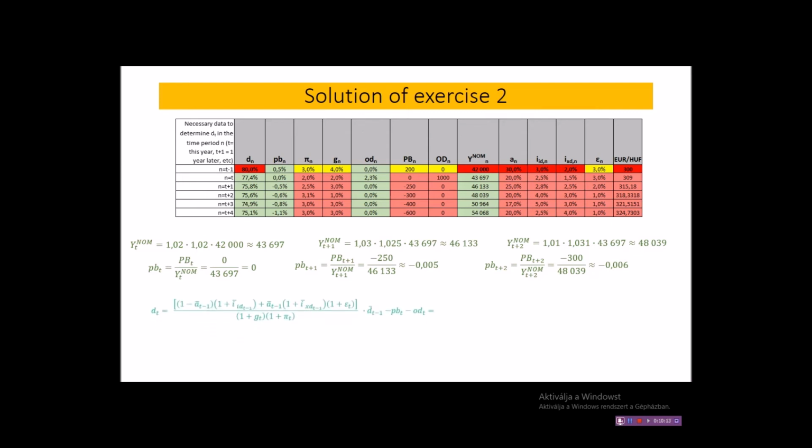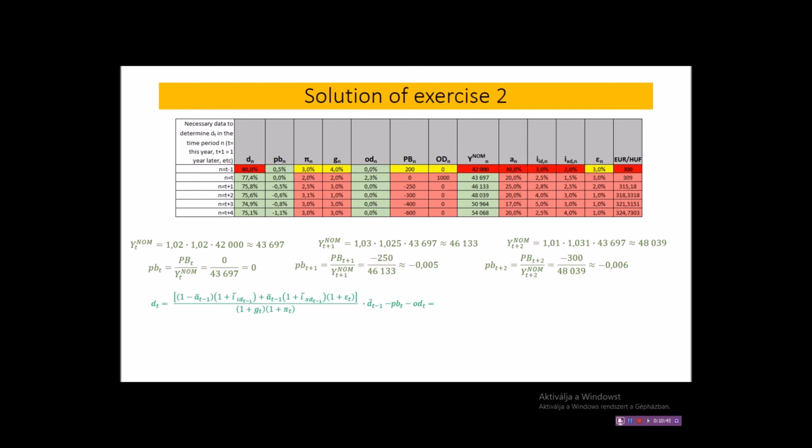For this, we need to apply the formula that we already know from the previous videos. (1 minus a t minus 1) multiplied by (1 plus i_d t minus 1) plus a t minus 1 multiplied by (1 plus i_xd t minus 1) and multiplied by (1 plus epsilon t) divided by (1 plus g t) multiplied by (1 plus p t) multiplied by d t minus 1, minus pb t and o d t.